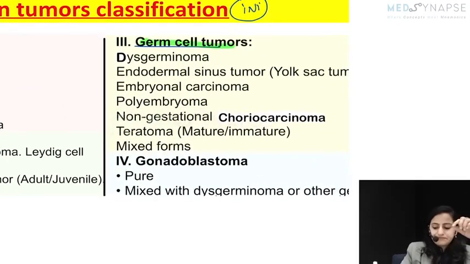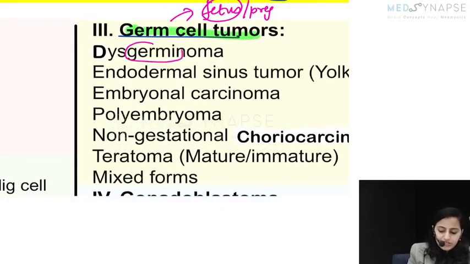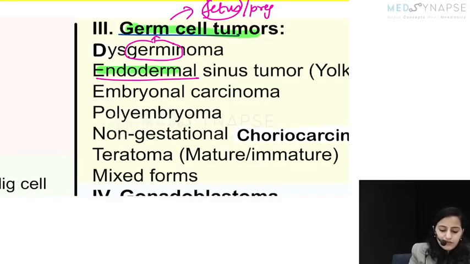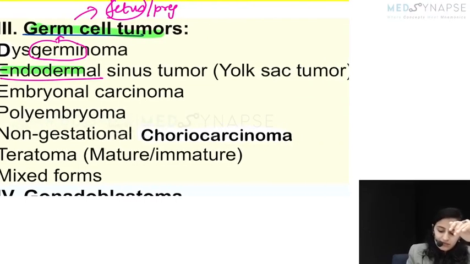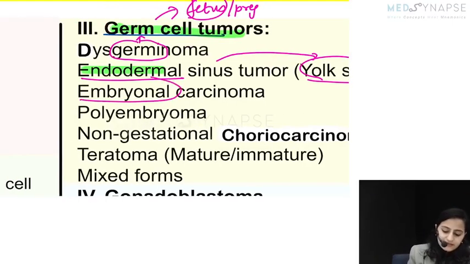Germ cell. Basically, germ cell, reproduction, pregnancy, fetus. It is all related to pregnancy and the development of fetus. So you remember the terms like that. Germinoma itself tells you it is germ cell. Endodermal, endoderm will come in fetus. So endodermal sinus tumor, which is also called yolk sac. Yolk sac comes in pregnancy, fetus, right? Next is embryonal, embryo, fetus.